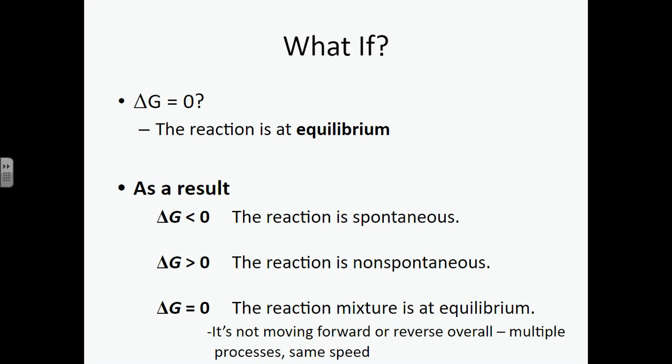It is favored to happen. If delta G is greater than 0, or positive, this means that reaction is non-spontaneous. It does not happen without some type of extra input or source of energy. And like I said, if the delta G is 0, the reaction is at equilibrium. It's not moving forward or reverse. Overall, the opposing processes are traveling at the same speed.